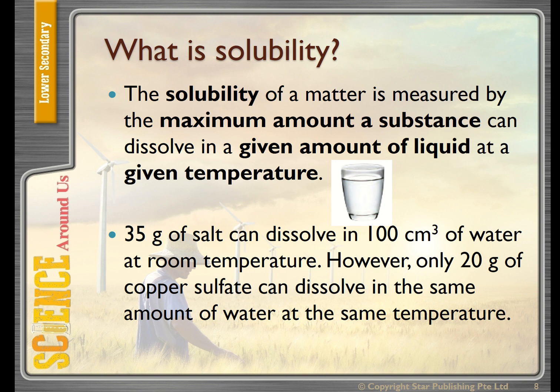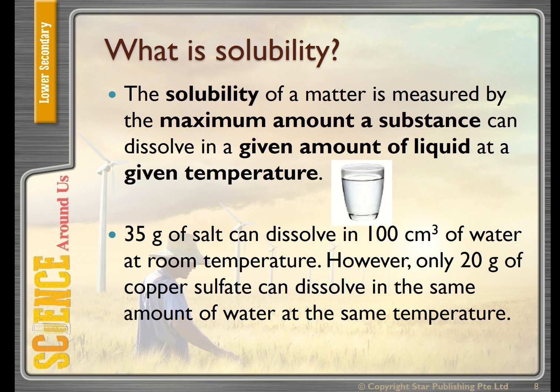Okay, sounds like a lot to digest, but to simply explain this, when we say something is soluble, that means that it can dissolve in water. So if I say that substance X is not soluble, that means if I put substance X in water, it will not dissolve in water.